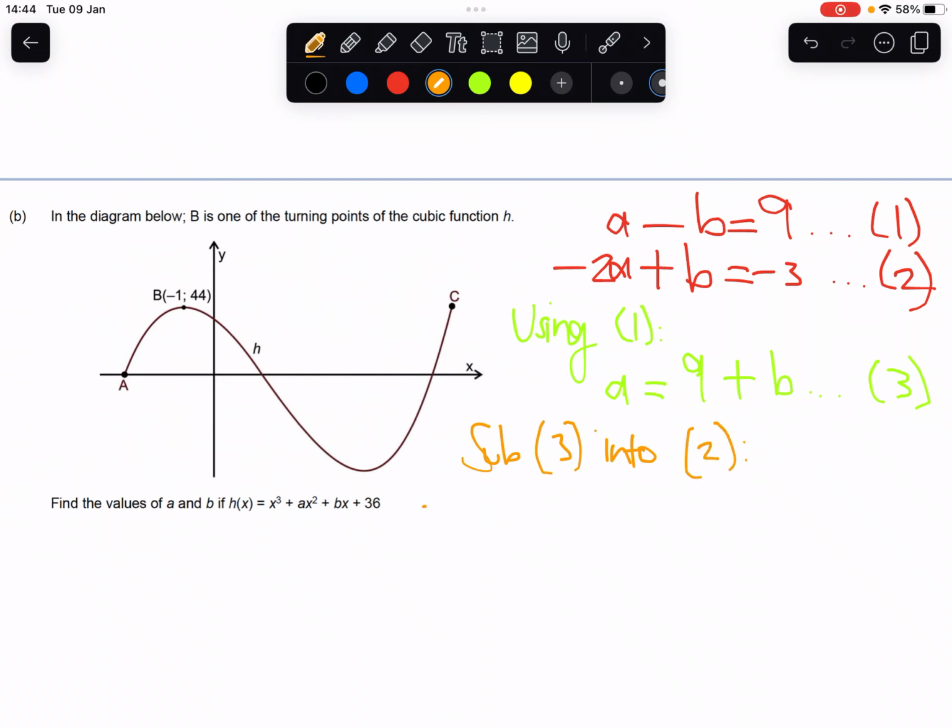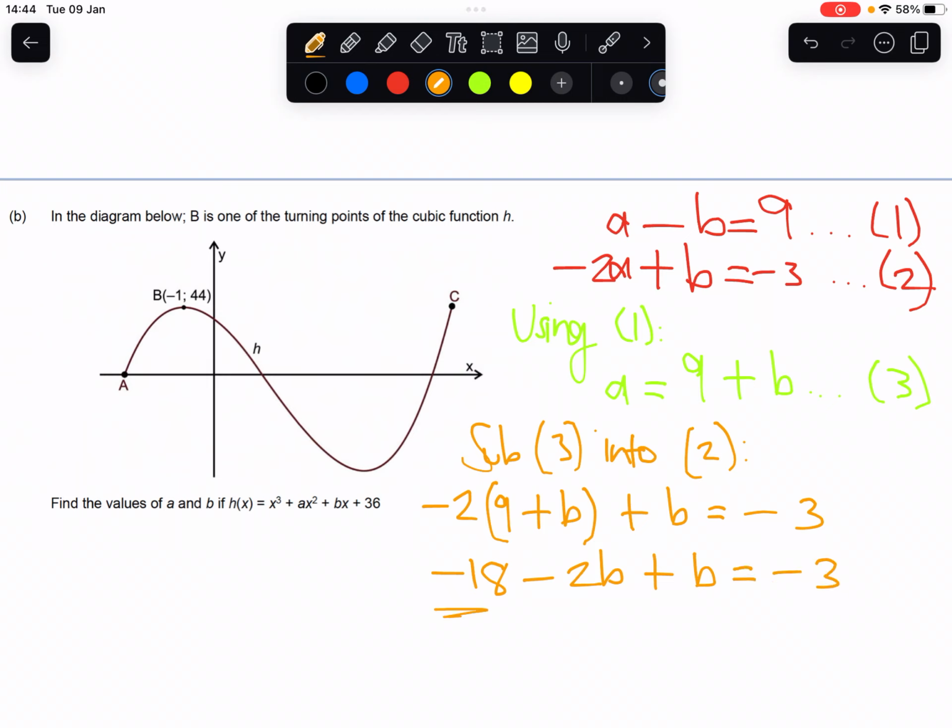So then we have negative 2, and we're going to replace the a with the expression in terms of b, right? Minus 2 times that plus b is equal to negative 3. So then we have negative 18 minus 2b plus b is equal to negative 3.